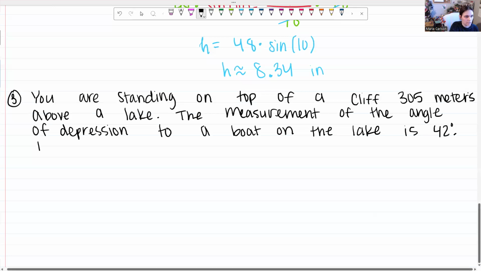How far is the boat to the base of the cliff?